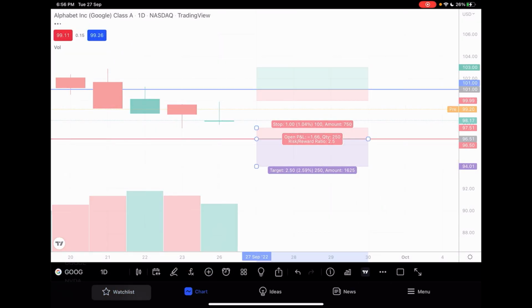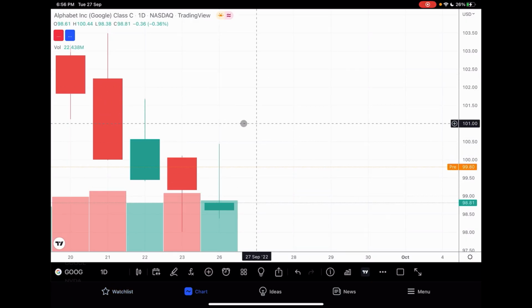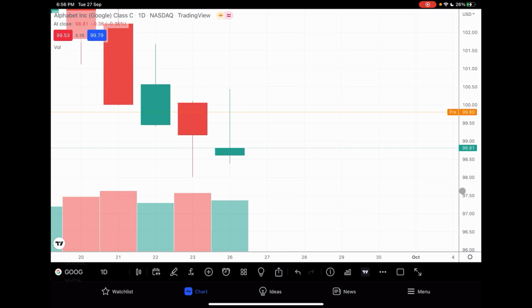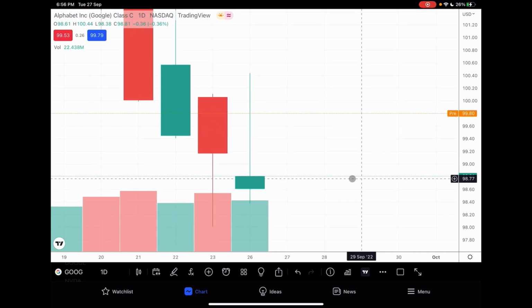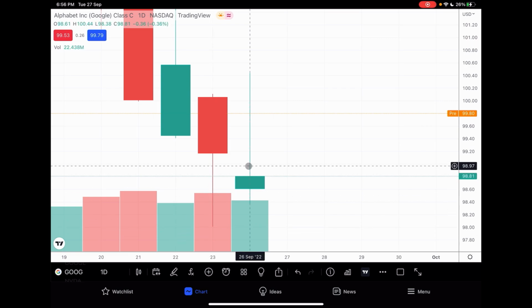The levels are almost the same for Google Class C. I am also providing the levels for this, where to buy and where to sell. Here, our entry is decided upon the 100.44 high, which is given here, and the low is 98.38.